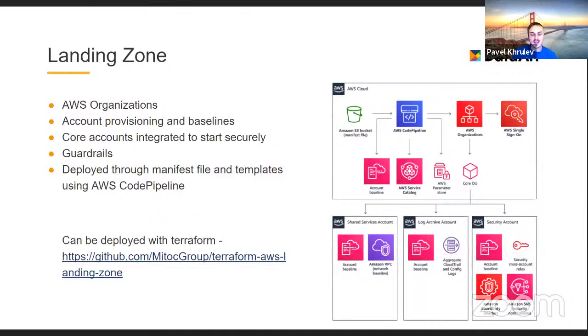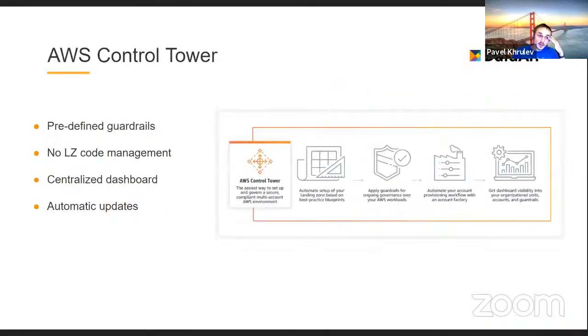And the next iteration, the next evolution of the landing zone, is AWS Control Tower. AWS Control Tower is an AWS service that allows you to deploy a landing zone without managing any code. It was released in 2019.